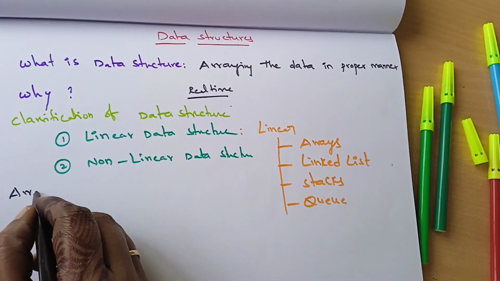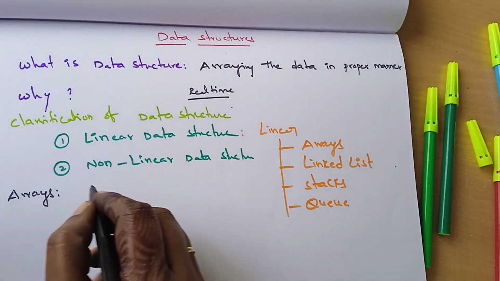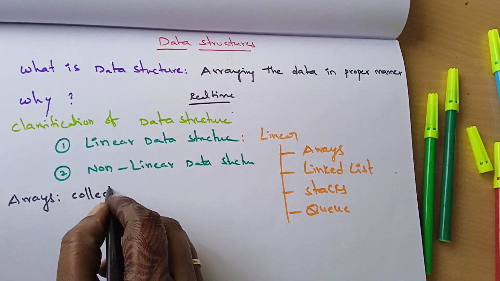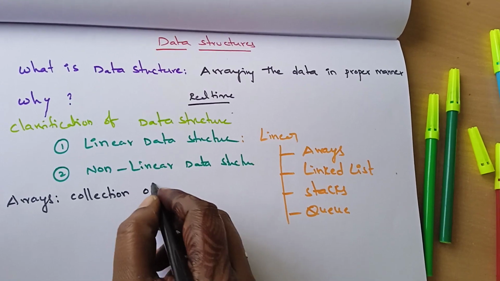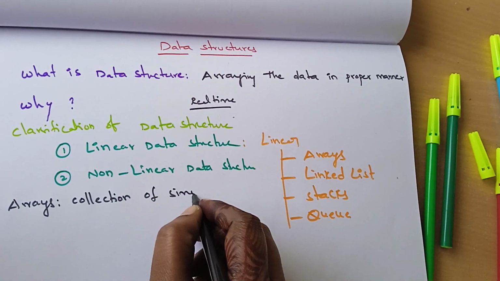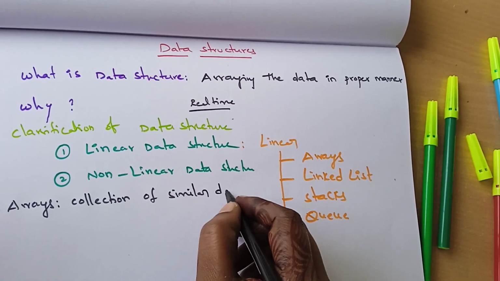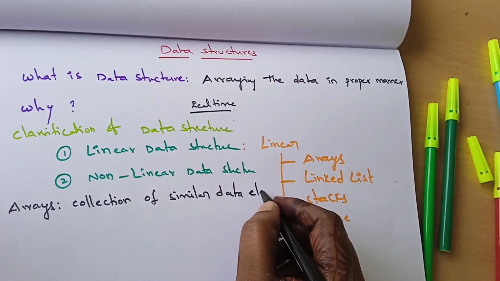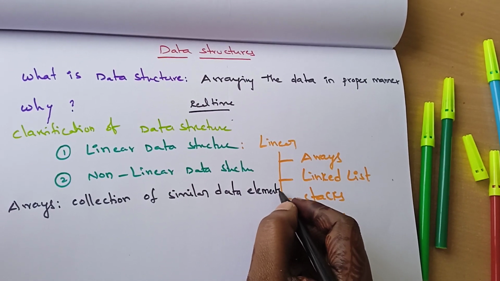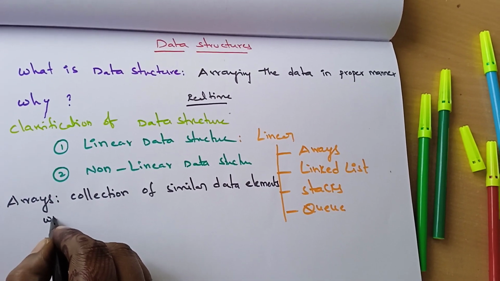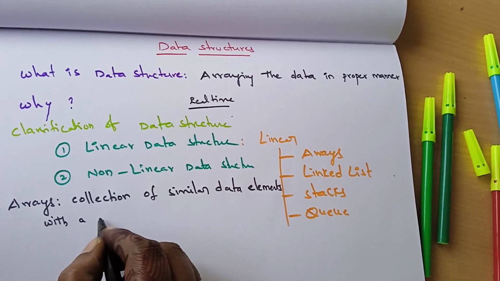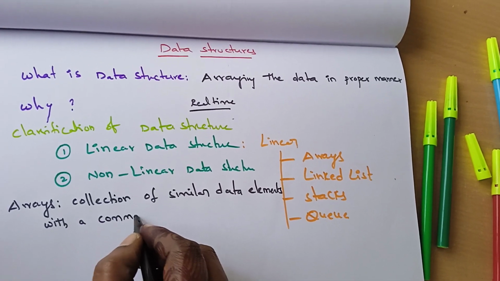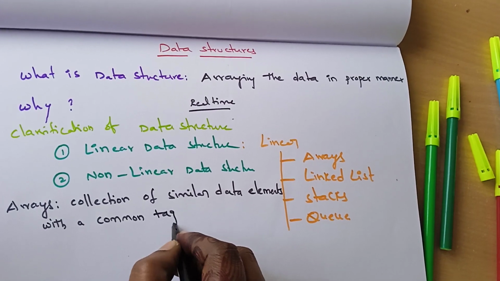The first is arrays. What is an array? Collection of similar data elements with a common name tag. Right?